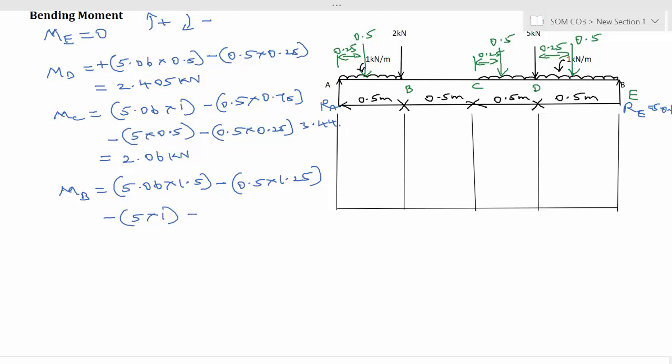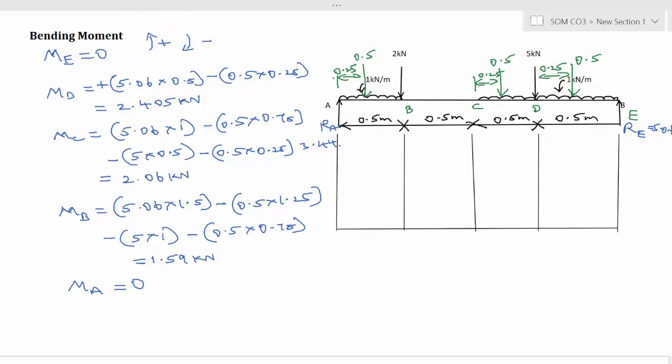Then minus the UDL 0.5 into the distance, which is 0.5 plus 0.25, it is 0.75. Okay, so that is equal to 1.59 kilonewton meter. And we know that the bending moment at A is equal to 0. Okay, because at the left extreme and right extreme point, the bending moment value will be equal to 0.